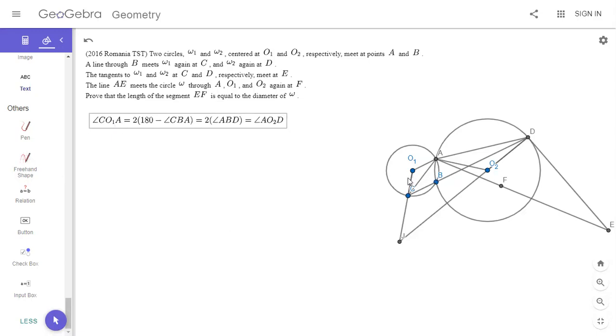And so that means that JO1AO2 has to be cyclic.